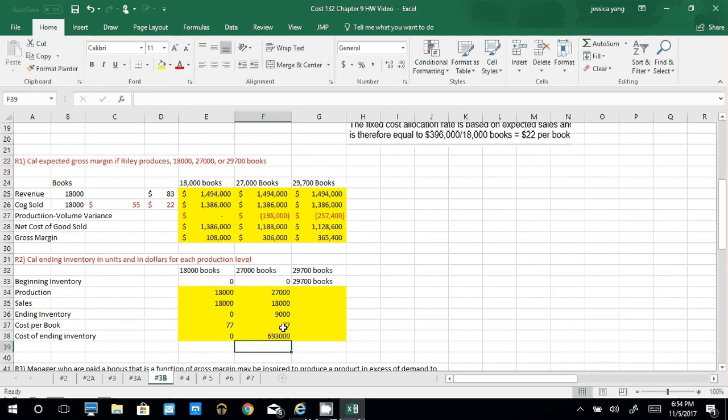For 29,700 books, beginning inventory was 0. Production was 29,700 and sales was 18,000, which gives me a difference by taking 29,700 and subtracting the 18,000.